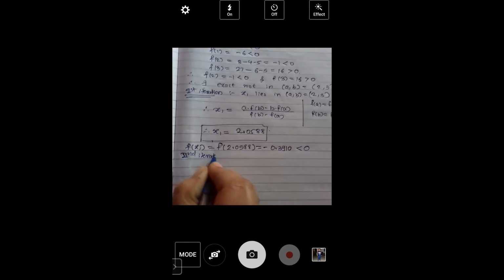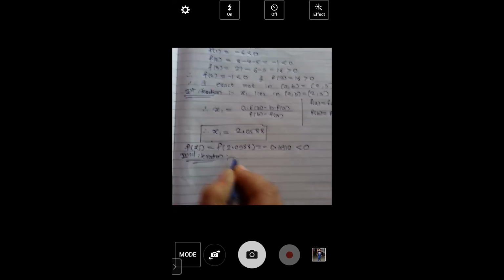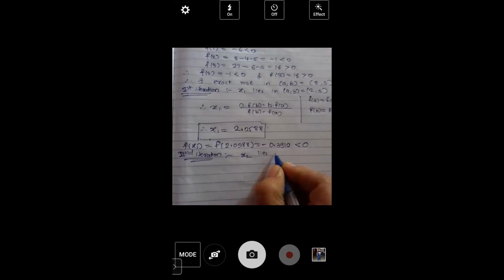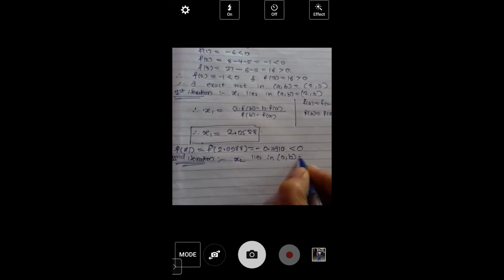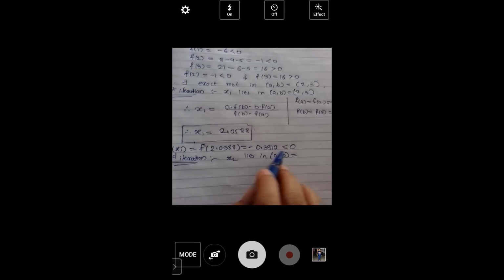Second iteration. ठीक आहे. x2 lies in the interval. Tell me what is the interval of x2? Now see, f of x1 is less than 0.